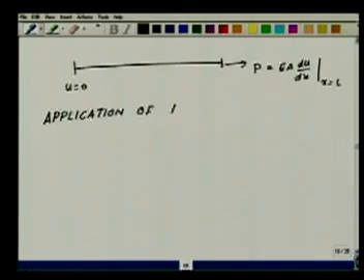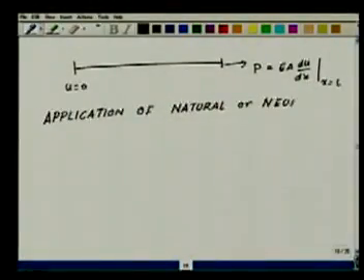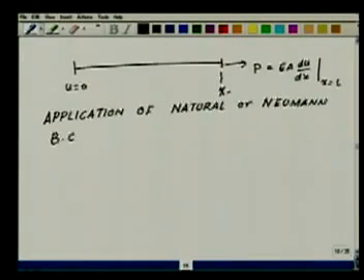we'll apply the natural or Neumann boundary conditions. How do we apply it? So you see here that this also corresponds to the global node 6.